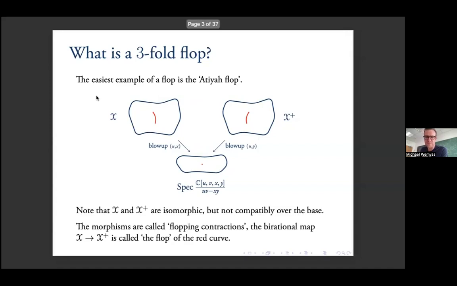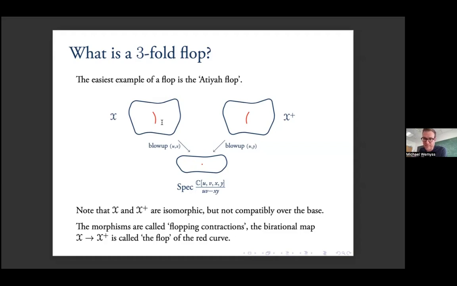And so here's the point that these two schemes, X and X^+, they are the same, just by symmetry, you haven't done anything. But there is no isomorphism which is compatible with these two blowdown maps. So they're isomorphic as abstract varieties, but not as varieties over the base. So there's no connecting isomorphism.